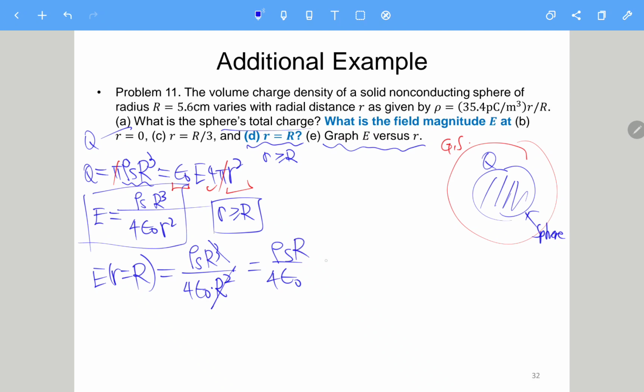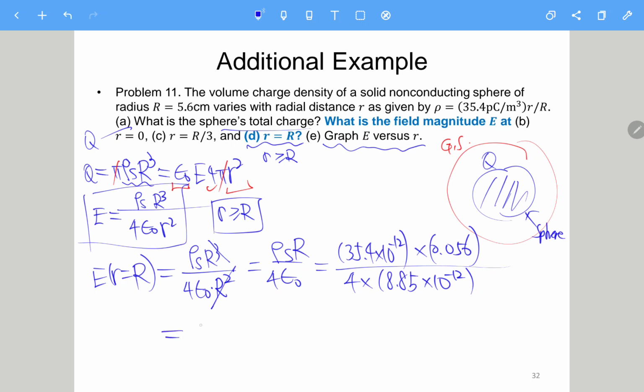So here will be rho S 35.4 times 10 to negative 12, times 0.056 meter, over 4 times epsilon naught 8.85 times 10 to negative 12. So this number is 5.60 times 10 to negative 2 Newton per Coulomb. So this is the answer to question D.